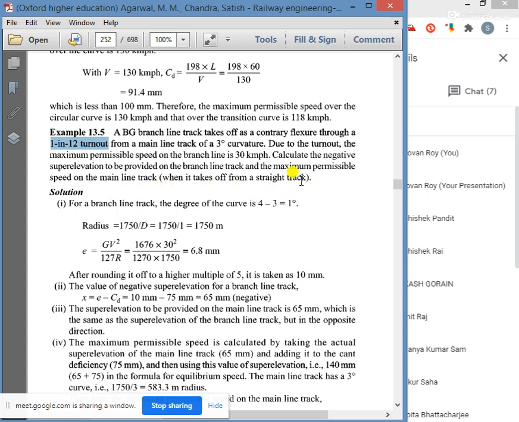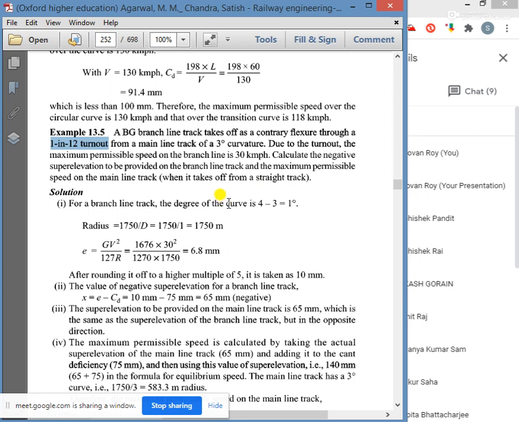So two things are needed to calculate: one is the negative super elevation to be provided on the branch line track, and the other is the maximum permissible speed on the main line track. First, the confusion is what should be the degree of curve.